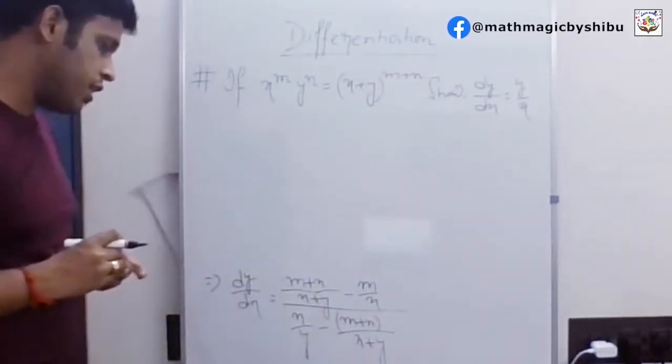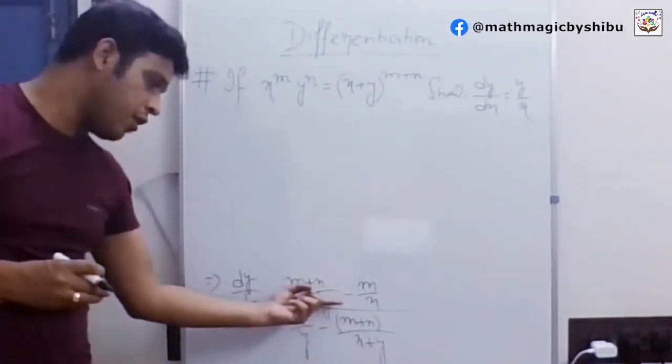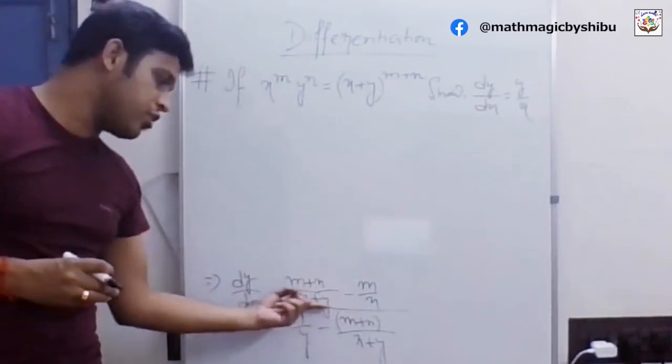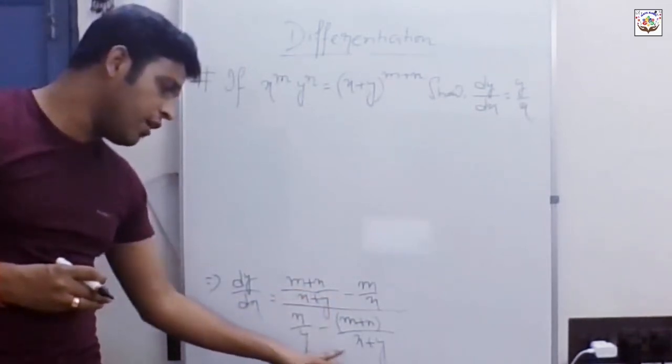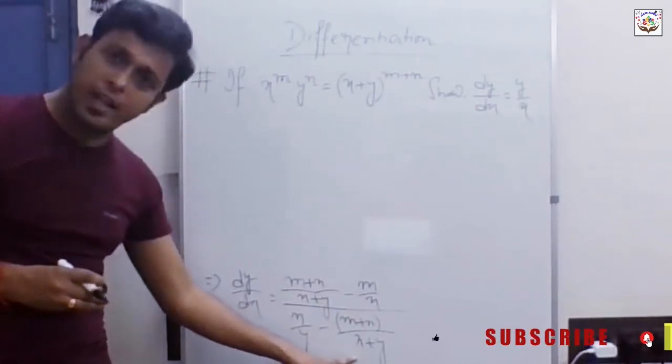So as you can see, in the numerator we can write x into x plus y as LCM, and in the denominator we can write y into x plus y as the LCM.